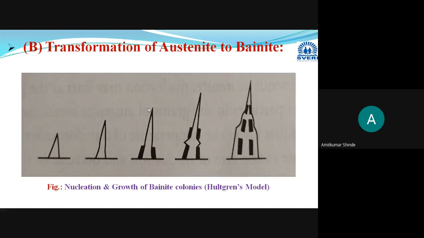In this way, austenite gets transformed to the bainite, and this transformation starts with the nucleation of the ferrite.